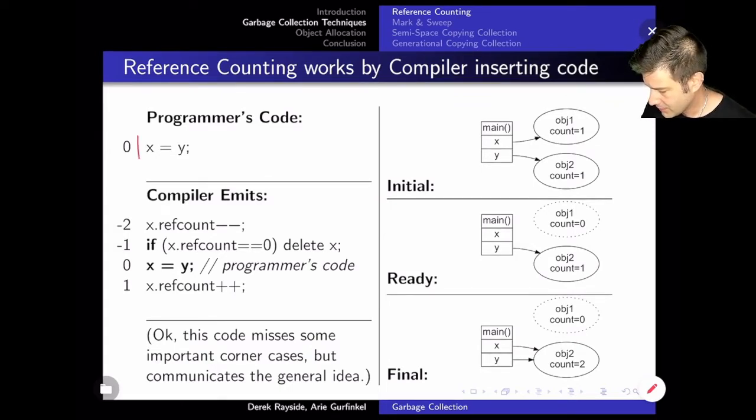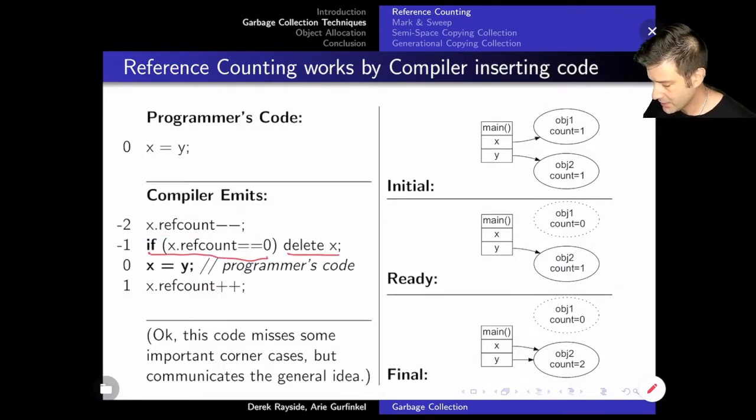So here, if we want to do x equals y, then the way this will be either compiled or interpreted is first we look at where x points to. If it's null, nothing happens. And if it points to somewhere, then we decrement its ref count by 1. Every time we decrement the ref count of any object, we check whether it is 0.